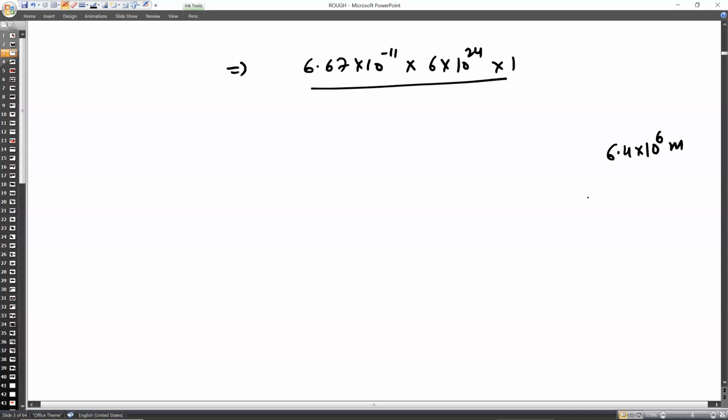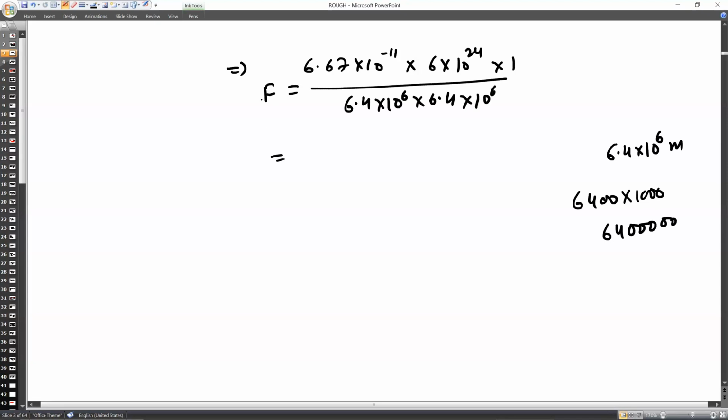How 6 meters? It is 6,400 kilometers. When you convert it into meters, you get 6,400,000, and you place the decimal here. So you will get 6.4 into 10 to the power 6 into 6.4 into 10 to the power 6. So this is the F.